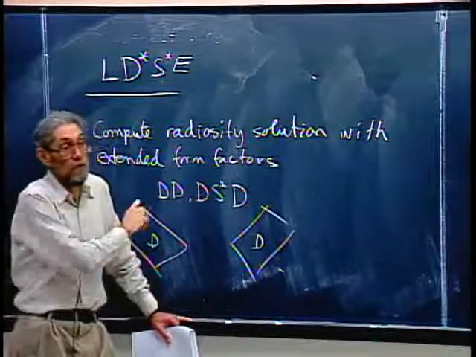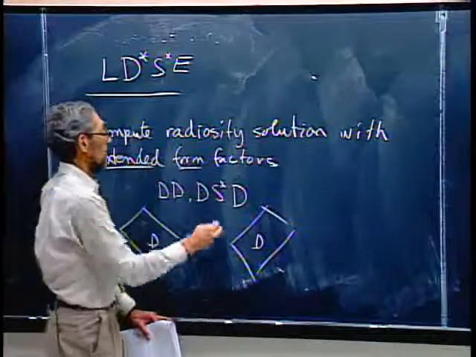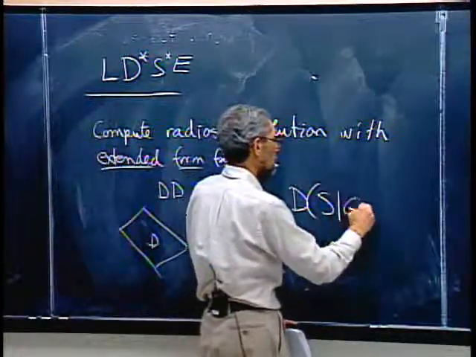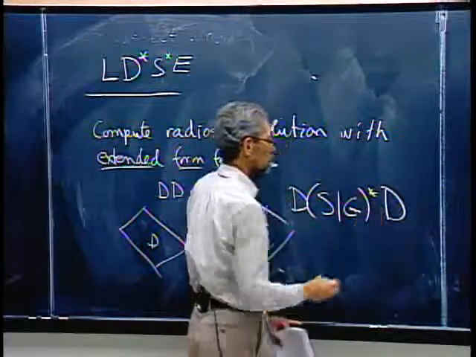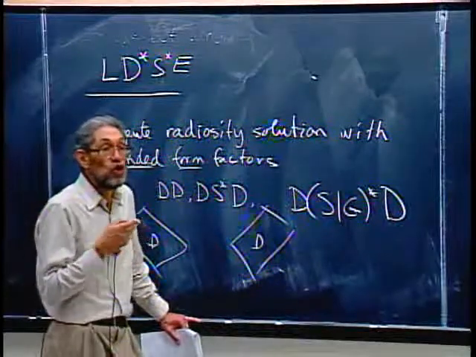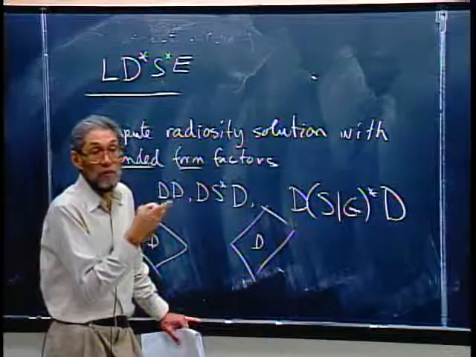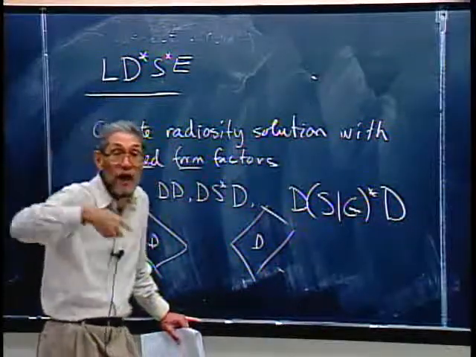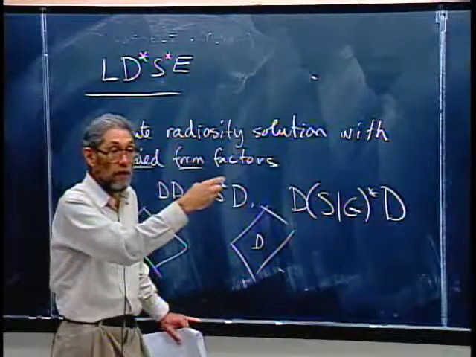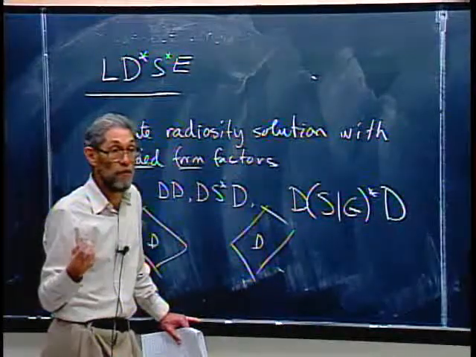You can build up these recursively, these extended form factors. In fact, you could even do D, S, or Glossy star D. By shooting these rays as you hit a glossy surface, use that Phong distribution that I was talking about on the far right board to decide how you would continue bouncing that ray around the scene until you hit a diffuse surface, and record it as that diffuse surface to the shooting diffuse surface form factor.